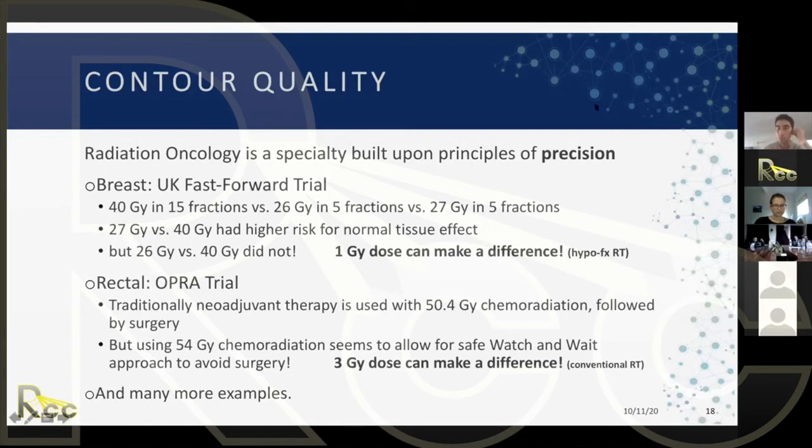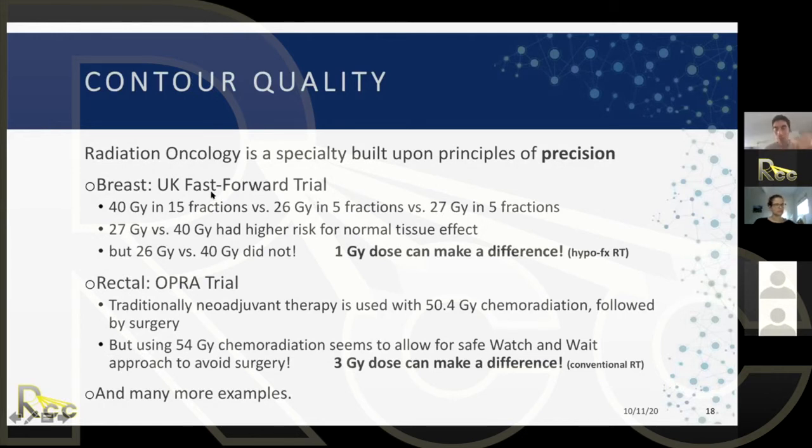One, which some of you may be familiar with, was the UK FAST-Forward trial for breast cancer. They had 3 arms trying to compare new hypofractionated regimens, which is very interesting in the time of COVID. And so they looked at 40 gray in 15 fractions versus 26 gray in 5 fractions versus 27 gray in 5 fractions. There's only 1 gray difference here.